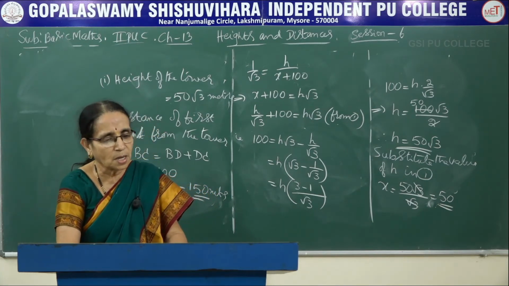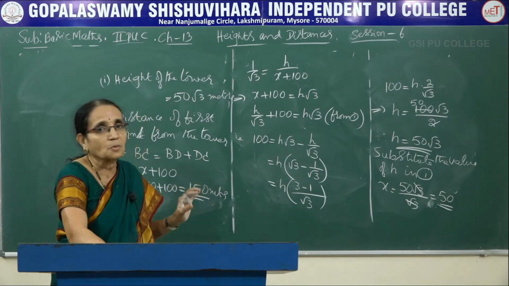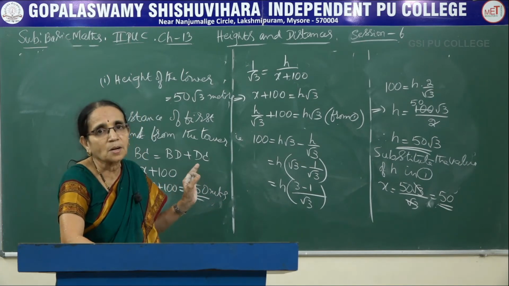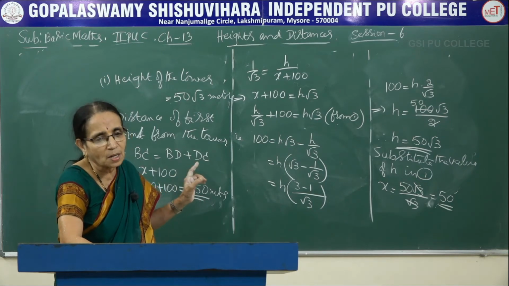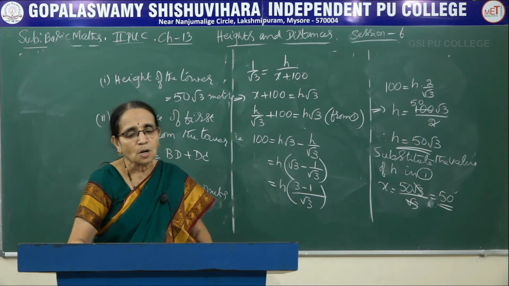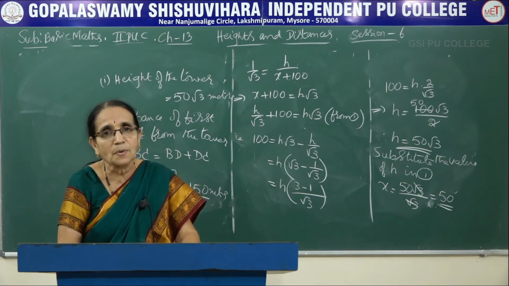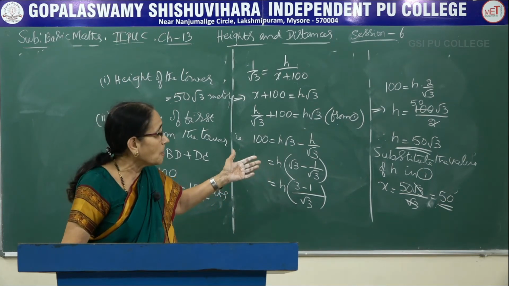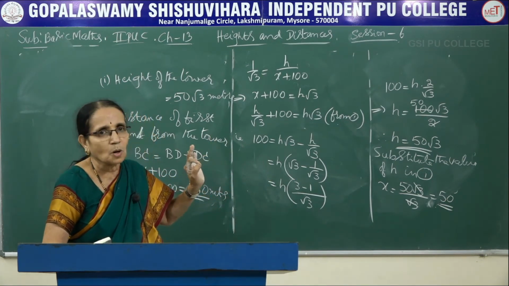So what did we get here? The distance of the first point from the tower was equal to 150 meters, and the height of the tower has been calculated like that, that is 50 into root of 3 meters. So you have to always, after getting the value, whatever value has been asked in the problem, write the answer in a proper sentence.